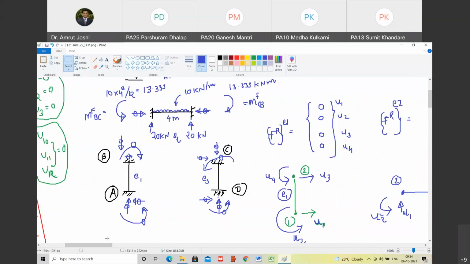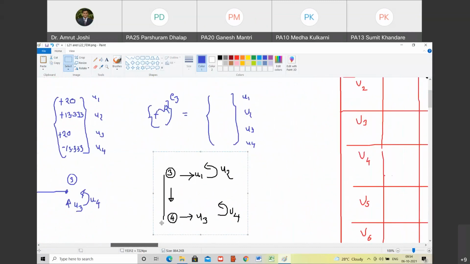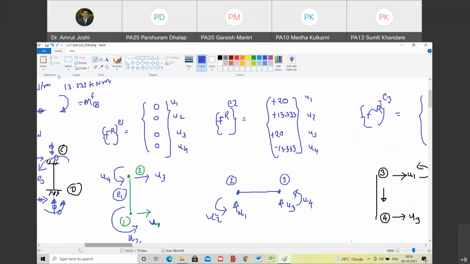By the way, all the reactions are 0 here, so you will understand that irrespective of whatever is U1, U2, U3, U4, this is going to be 0, 0, 0, 0. Happy? So now we have found out the restrained force matrix for all the 3 elements. Happy? I am going to borrow this.